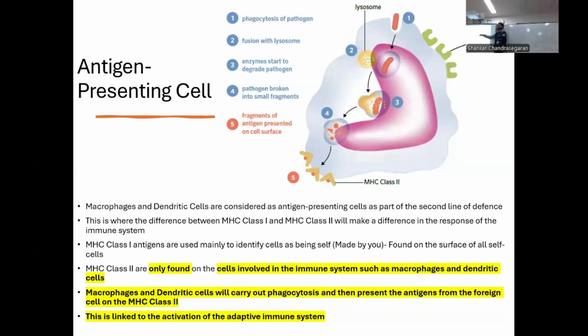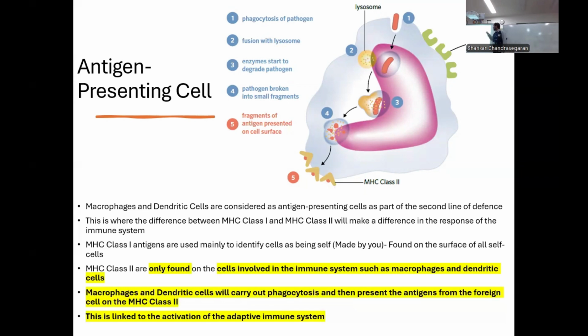They are basically showing the rest of the immune system, this is the enemy. Make sure you memorize that this is the enemy by showing them antigens of the pathogen on their MHC class 2 marker, right? This will later come in handy when we go to the third line of defense, which is a specific immune response, because they now know which pathogen they're working with.